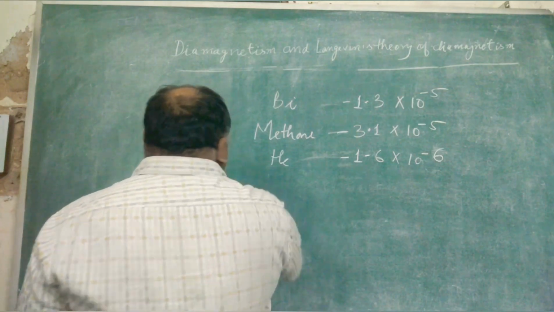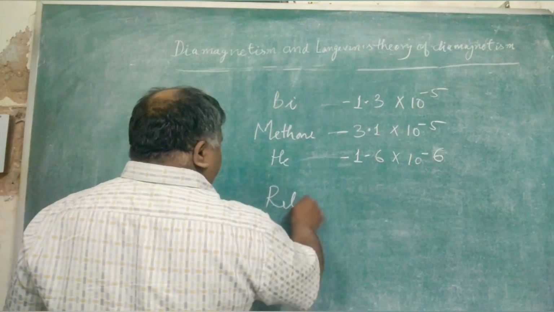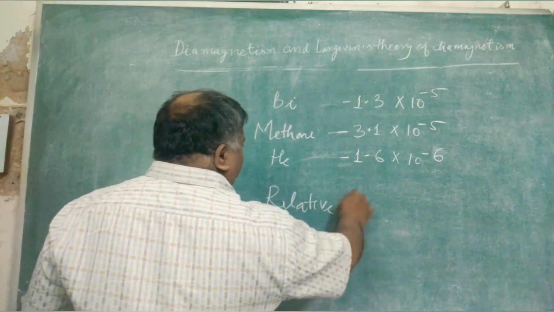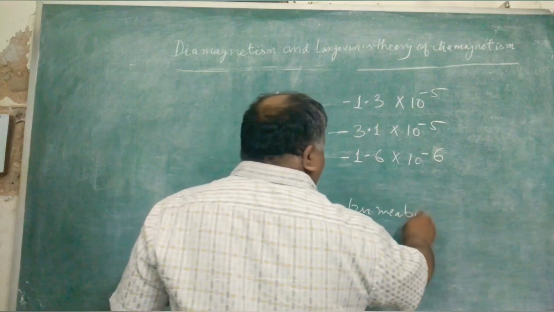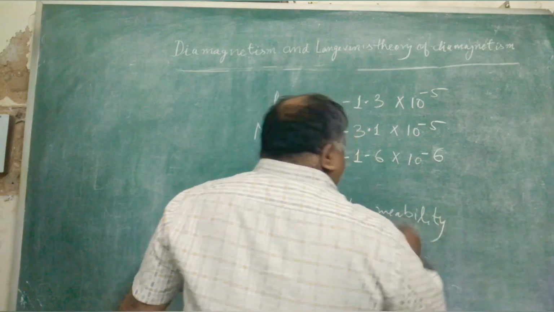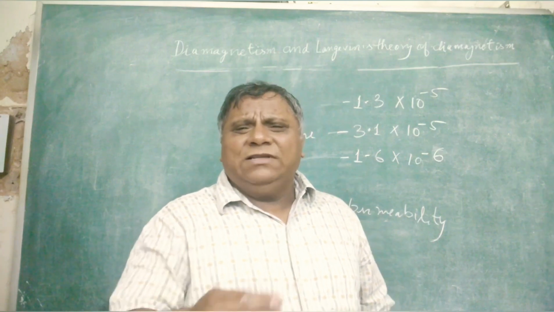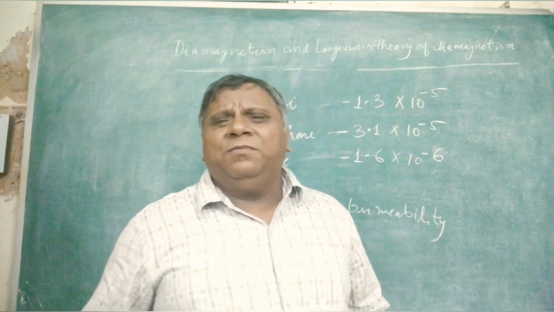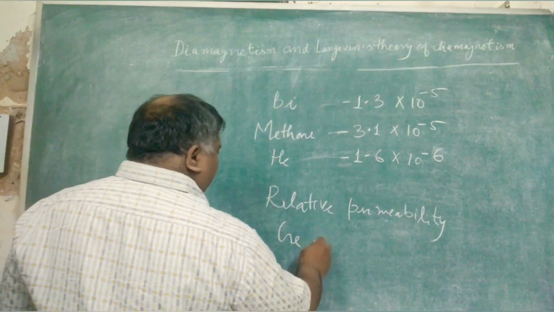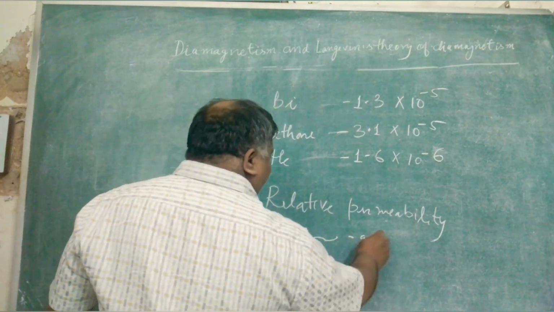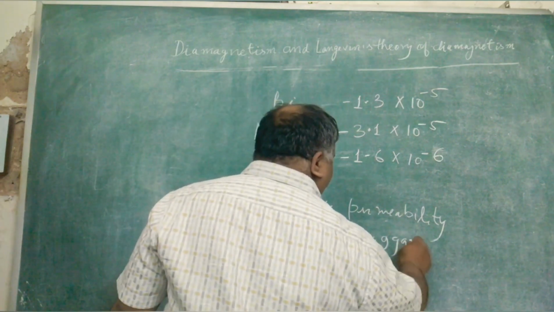Similarly, the relative permeability is less than 1. For example, the relative permeability of germanium is 0.99993.